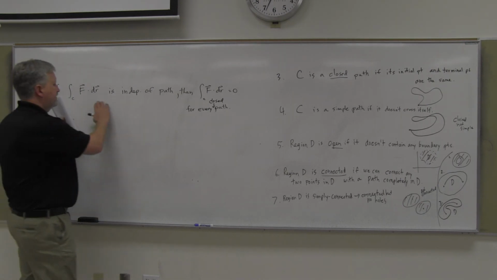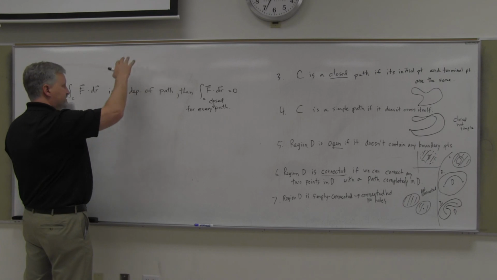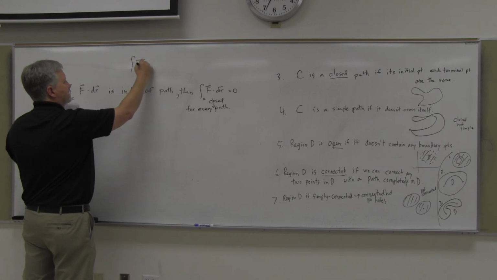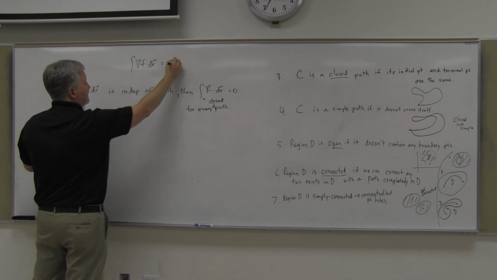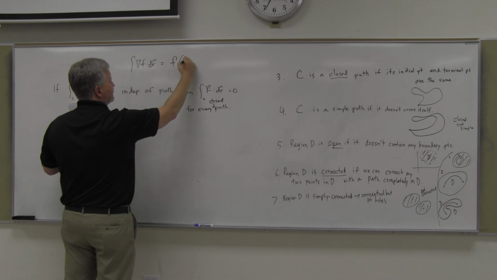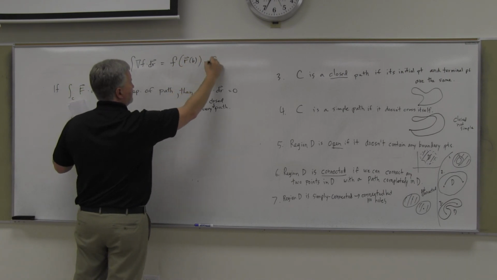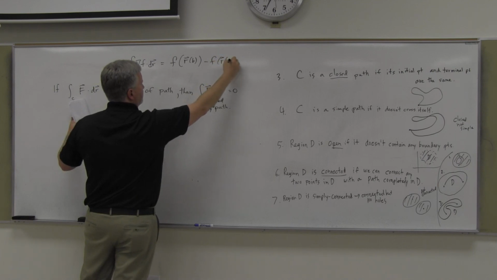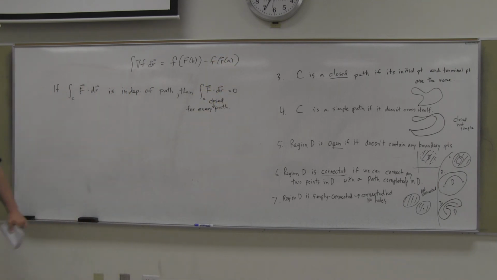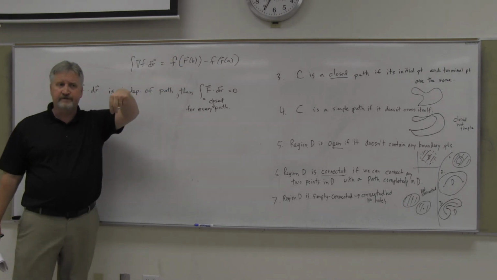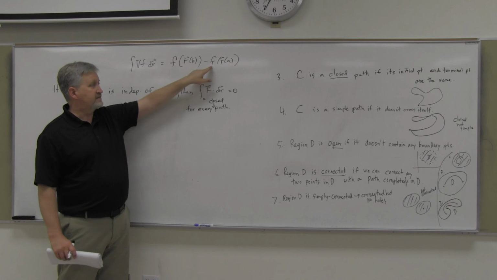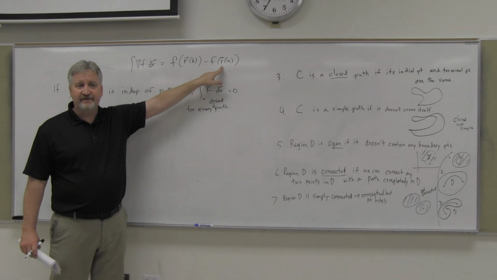Because remember, independent means conservative, conservative means you have this gradient vector, and the integral equals the function evaluated at r(b), the endpoint of your path, minus f at the initial point of your path.